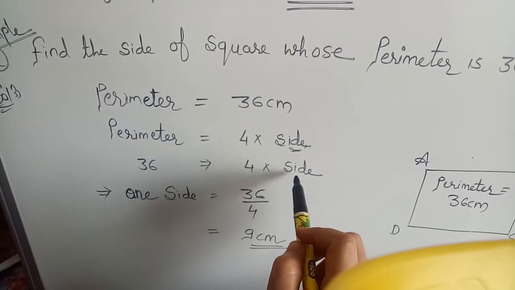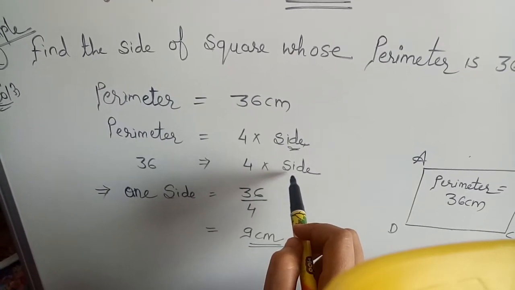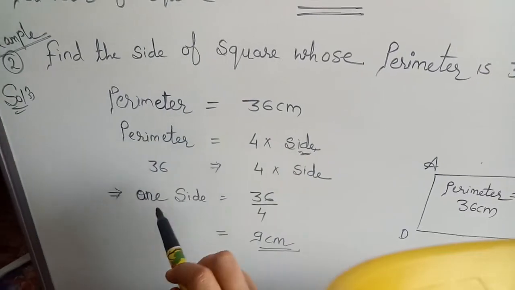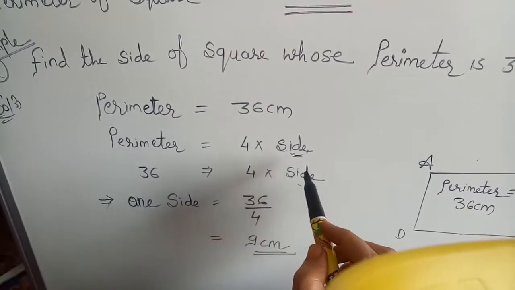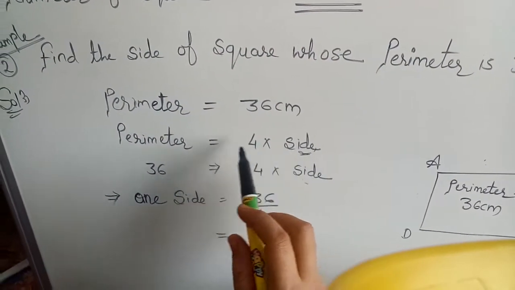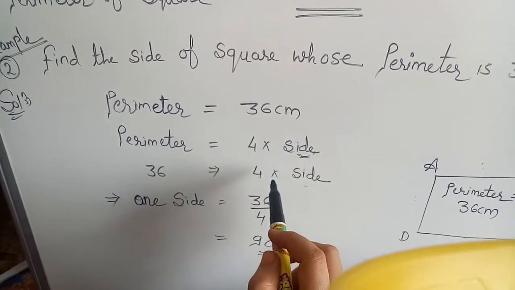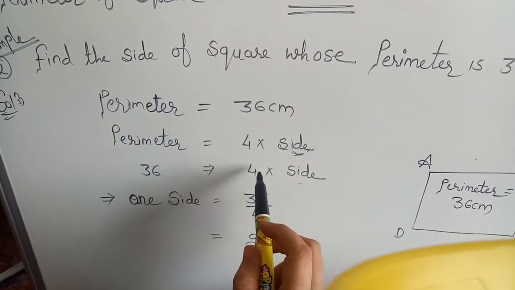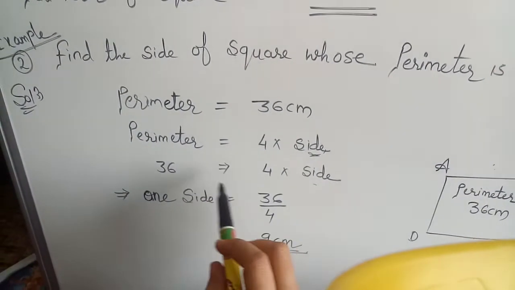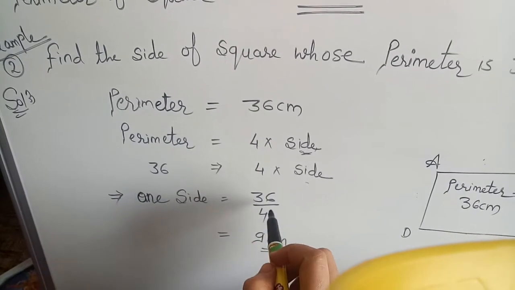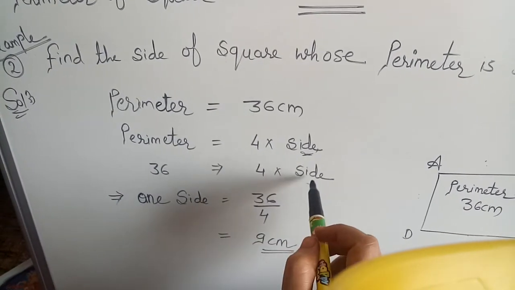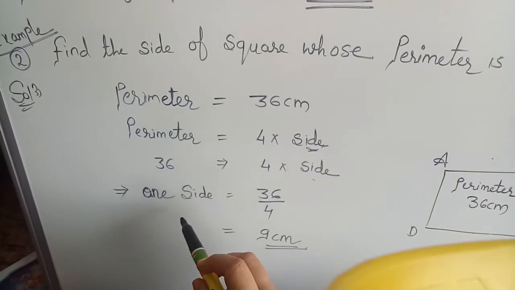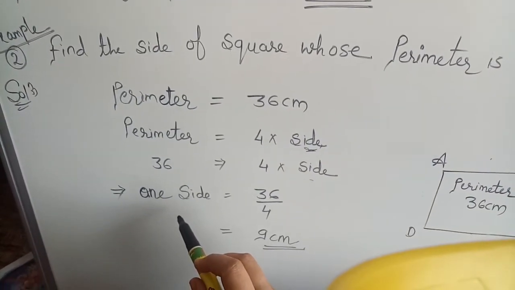Now for finding this, I have shifted this s toward this side. It is in multiplication, so it will be converted into division. So 36 will be divided by 4, and we will get the value of this side. Understood what I have done?